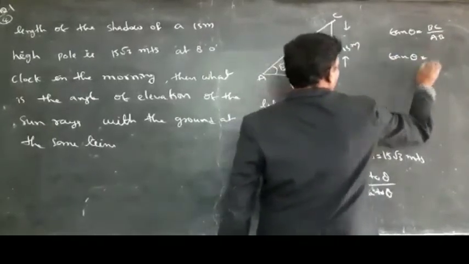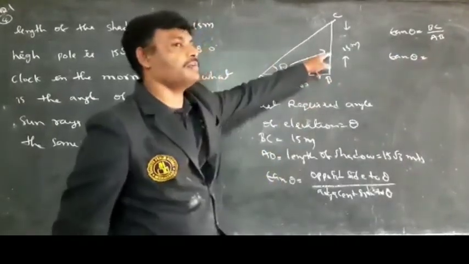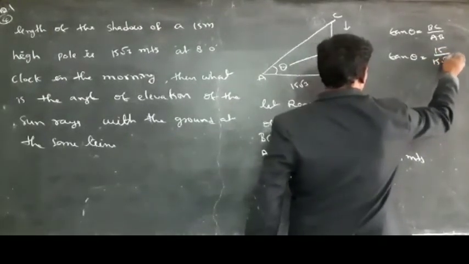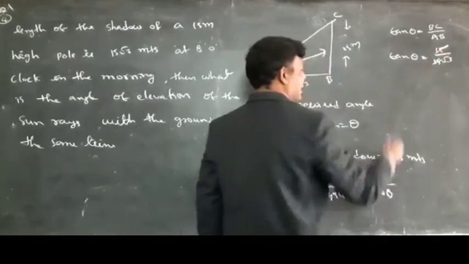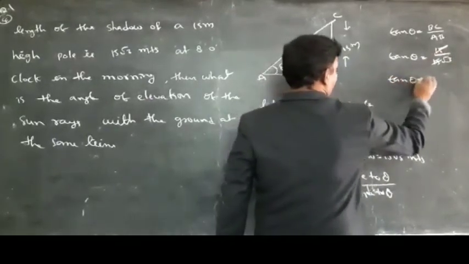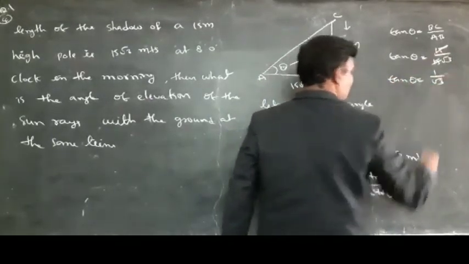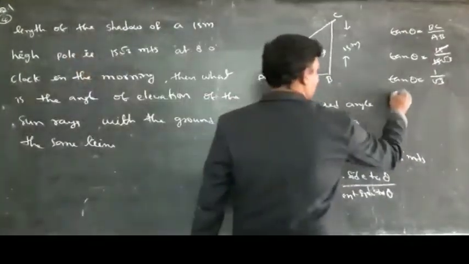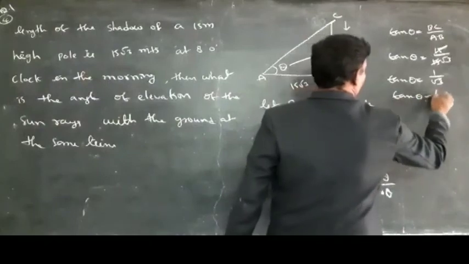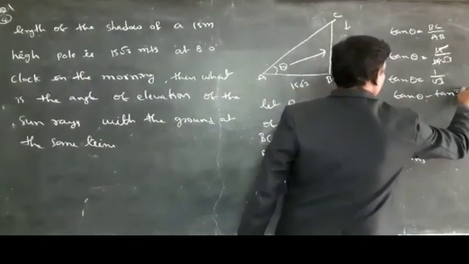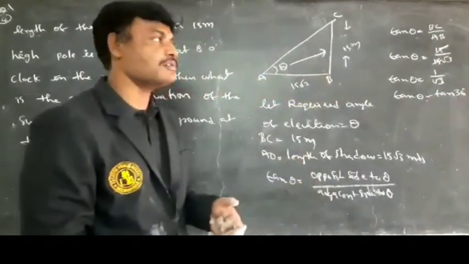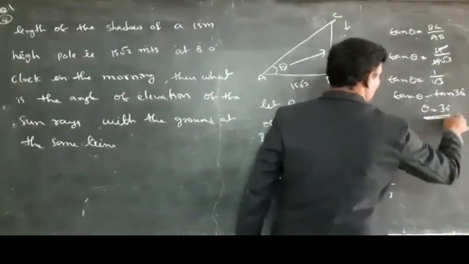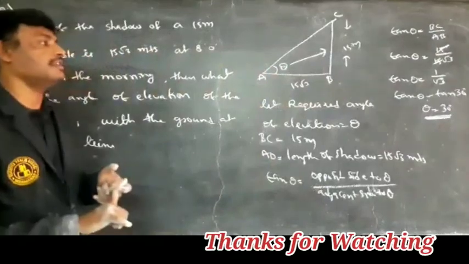Tan theta is equal to the length of BC, 15, by 15 root 3. 15 gets cancelled. Tan theta is equal to 1 by root 3. 1 by root 3 is nothing but tan 30 degrees. So tan theta is equal to tan 30 degrees. By equating the ratios, theta is equal to 30 degrees. So what is the required angle of elevation? 30 degrees.